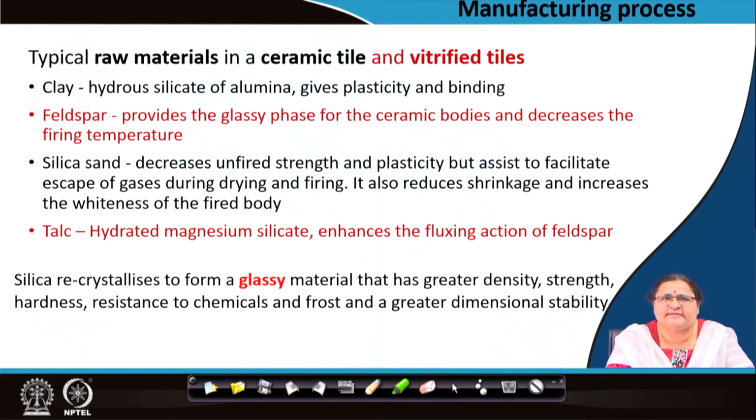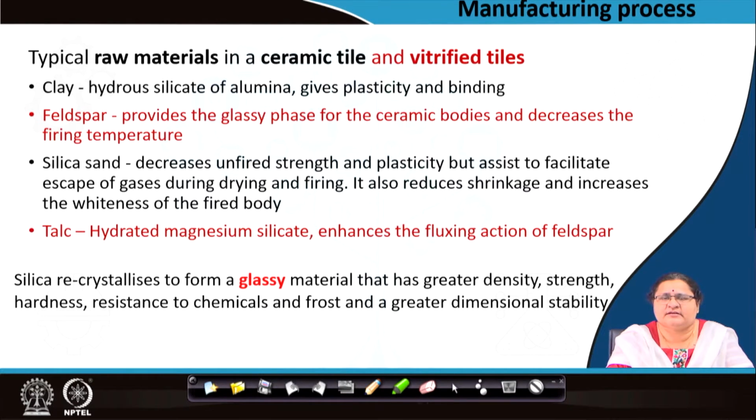As you see, two items are also bulleted in red: the feldspar that provides the glassy phase of the ceramic bodies and decreases the firing temperature, and talc, that is hydrated magnesium silicate, which enhances the fluxing action of feldspar. These two are added to vitrified tiles.